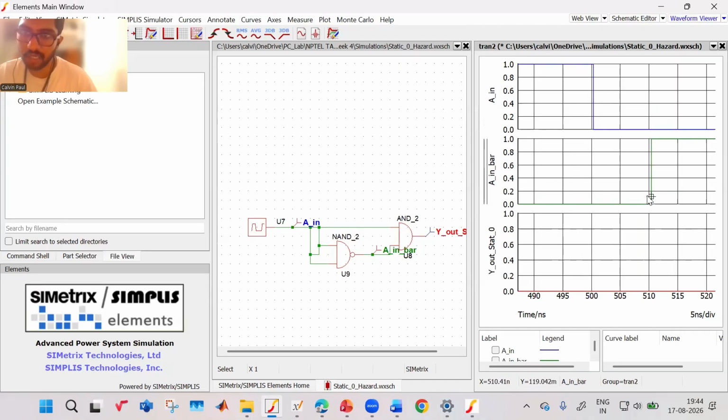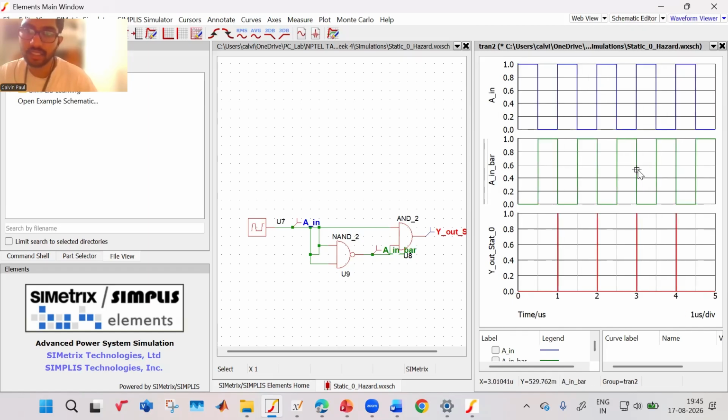But for A bar to go to 1, there is a delay of around 10 nanoseconds. A has gone to 0, so A bar should become 1, but because of the delay in the circuit, it takes time to go from 0 to 1. But this does not impact your output Y. Your output Y is not affected in this case.